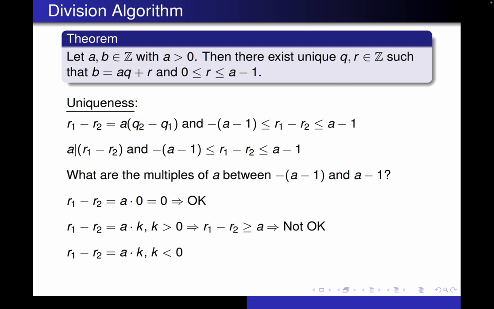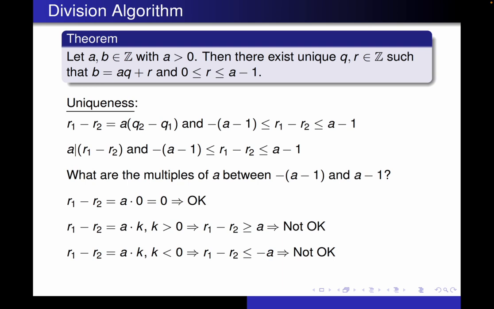The biggest possible number that those multiples of a can be is negative a, right? Because negative 2a is smaller, negative 3a is smaller than that, and so on. So that says that r1 minus r2 is less than or equal to negative a. Well, guess what? That's not okay either. Remember that r1 minus r2 is at the smallest negative a minus 1. Negative a is smaller than that, so that's not okay.